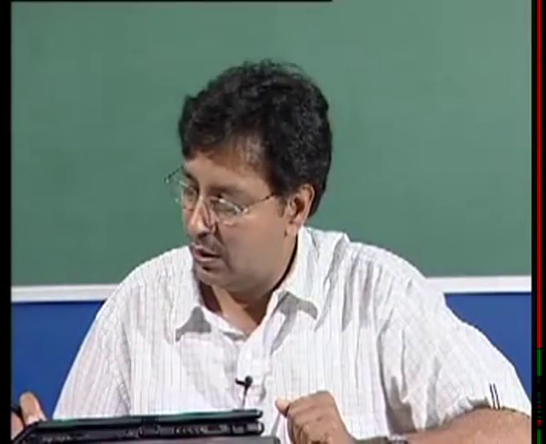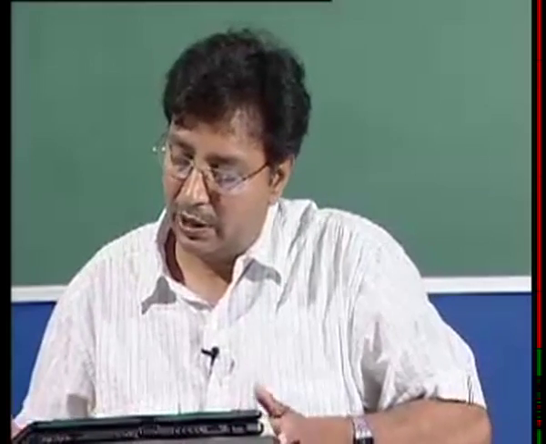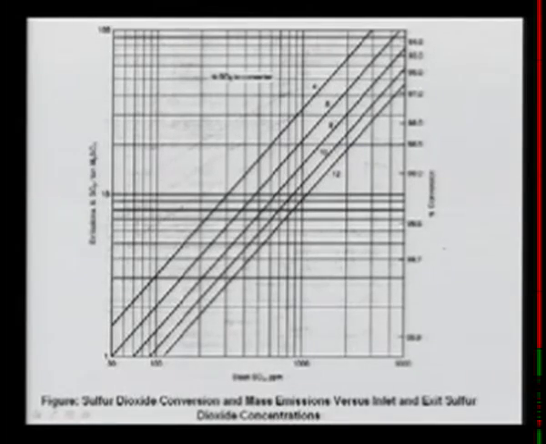Let's see what we have really achieved in terms of pollution control, because the objective was to see the pollution control here. See here, this scale shows the conversion, and more and more conversion is occurring in this direction. Conversion of what? Conversion of SO2 to SO3.